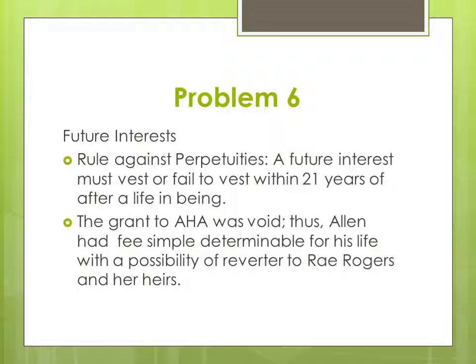So for example, let's say Alan kept the property for 50 years and then he sold it to a developer, and so it was not going to be used for residential purposes anymore. So that would be beyond 21 years of a life in being. Or let's say that Alan died, it went to his children, they used it for residential purposes.